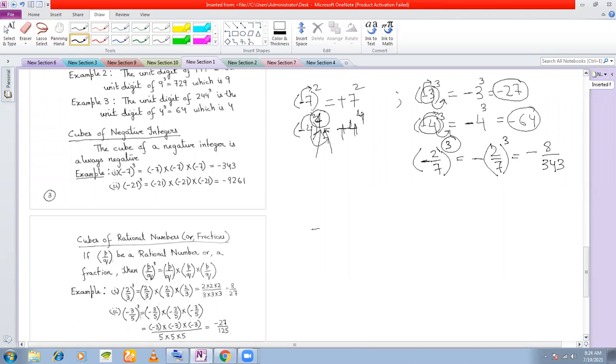So what do you see? You are cubing a negative number, and what number did you get? You got a negative number. When you cube minus 4, you get a negative number. Minus 3 you cube, you get a negative number. So therefore, any negative number that you cube, you will get a negative number. But in case of square, if you square a negative number, you will get a positive number. But if you cube a negative number, you will get a negative number.